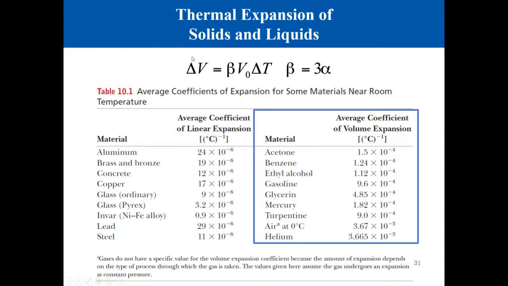In that case, the change in the volume is equal to beta multiplied by the original volume and by the change in temperature. And beta is just 3 alpha. So for aluminum, if you have an aluminum rod, it is 24 by 10 to the minus 6. But if you have an aluminum cube or sphere, a 3-dimensional object, you multiply this by 3, so it becomes 72 by 10 to the minus 6, and so on and so forth.